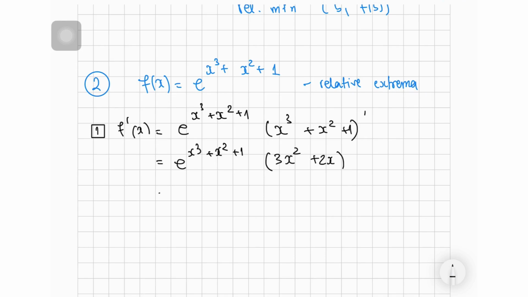We can simplify this derivative further: the first part stays the same, but here we can factor out x, and in the brackets is 3x plus 2.